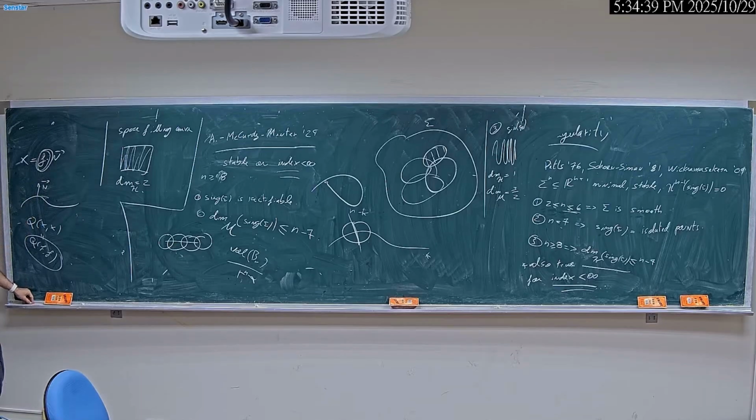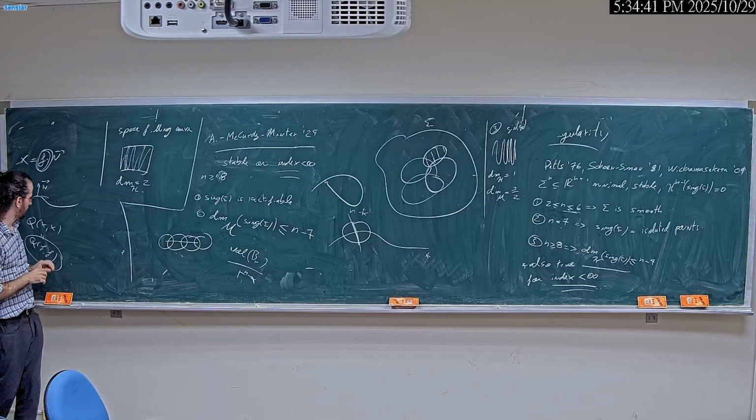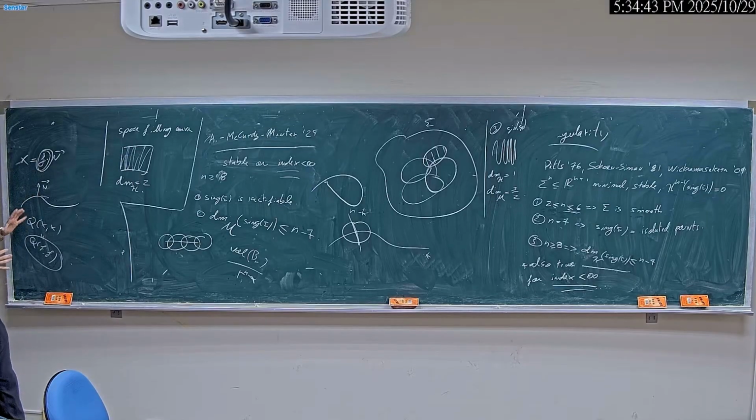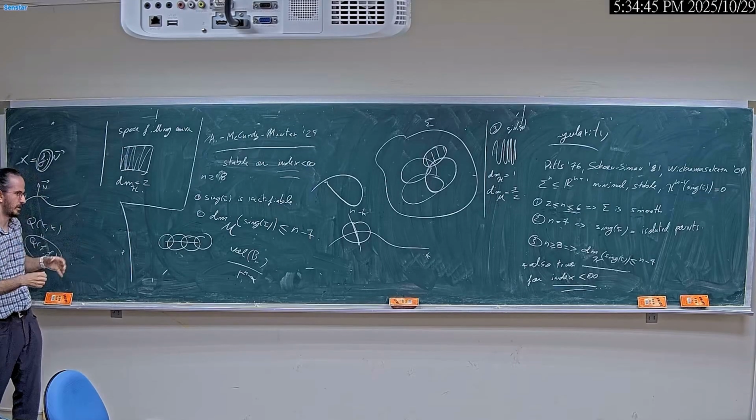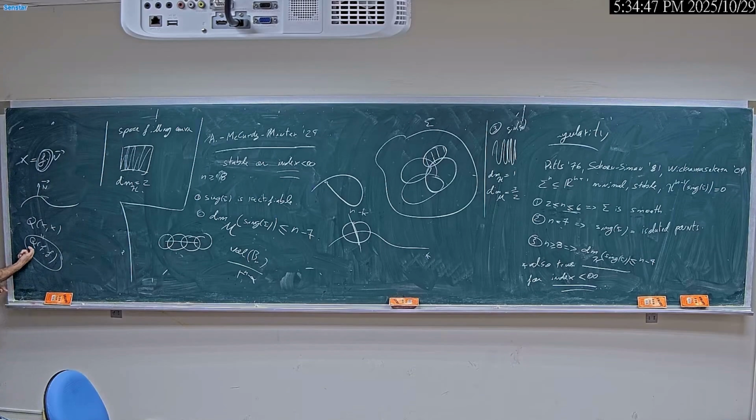So you can consider more. And if the function is well behaved, then you can talk about the extension of this operator, the spectrum of this operator, and the number of negative eigenvalues, as an operator on W^{1,2} functions.